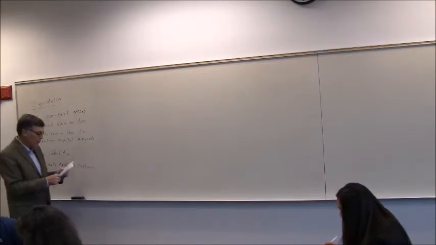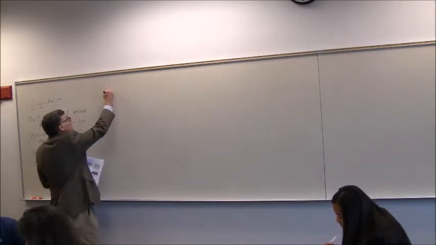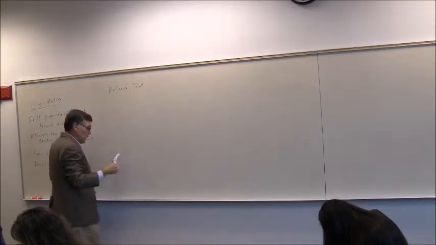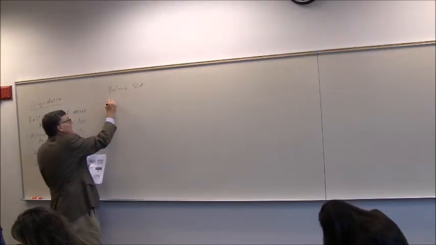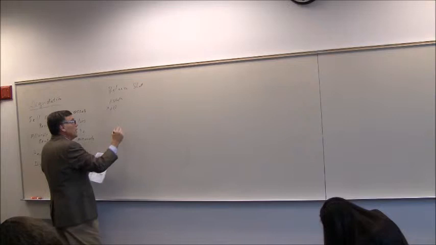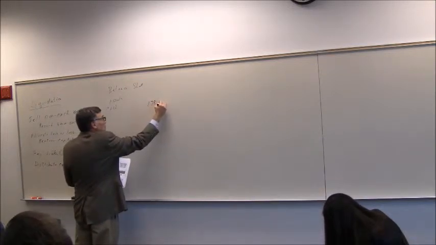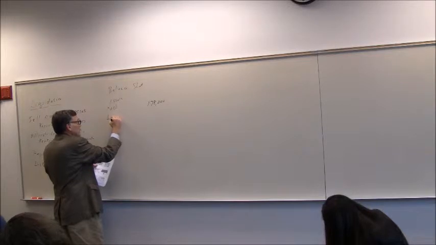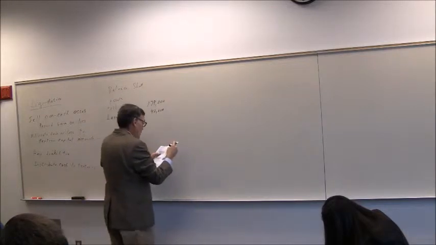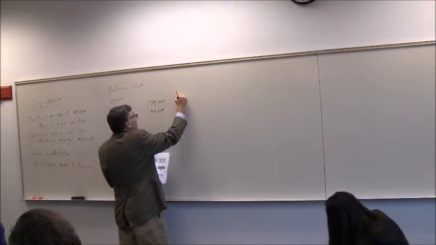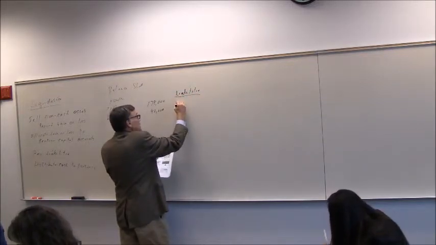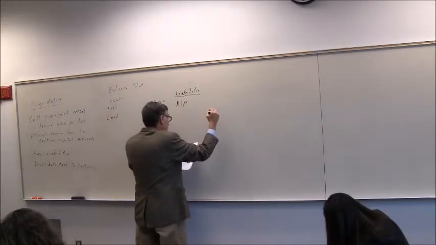So in this particular example, here's the balance sheet. On the balance sheet at time of liquidation, over here you have the assets. So you have cash, and there's $178,000 in the cash account. And you have land of $40,000. Over here you have liabilities. You have one liability that's accounts payable, and it has a balance of $20,000.